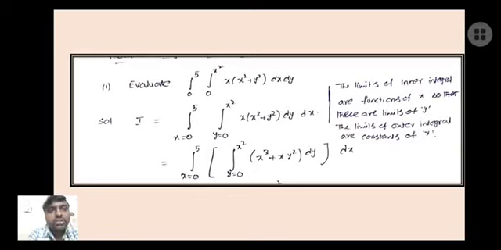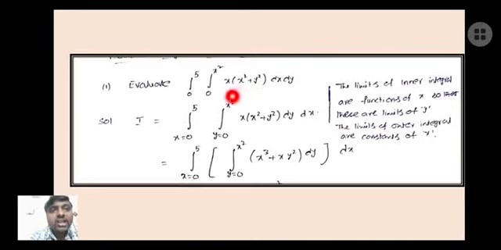Now I try to solve the problem. I is equal to integral x equal to 0 to 5, integral y is equal to 0 to x square, x square plus y square. I am taking y limits here, so I take the integration with respect to dy. You must identify this particular thing: in the problem, they give it in the form dx dy, but there is no importance to dx dy as opposed to dy dx.